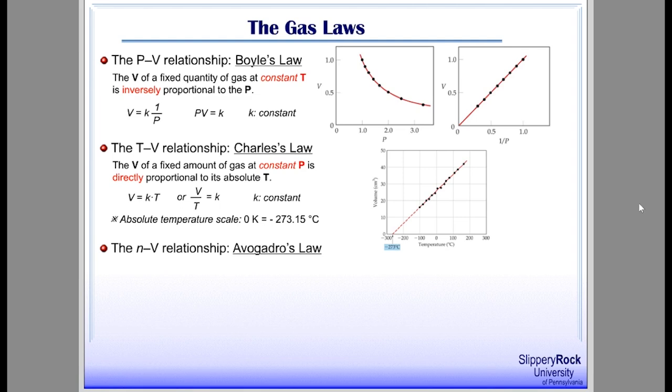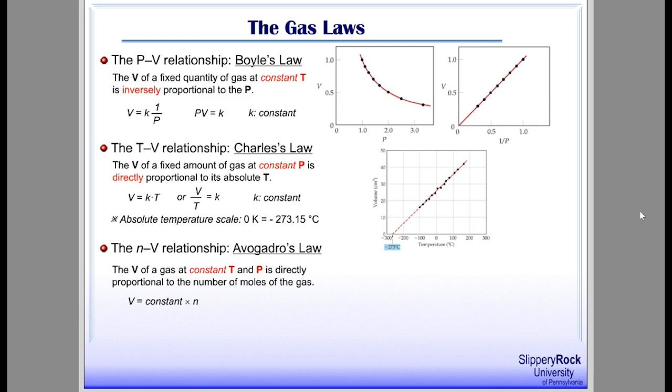Avogadro's law shows how volume and moles of gas are related. It states the volume of gas at constant temperature and pressure is directly proportional to the number of moles of the gas. This can be expressed mathematically. V equals constant times number of moles n.